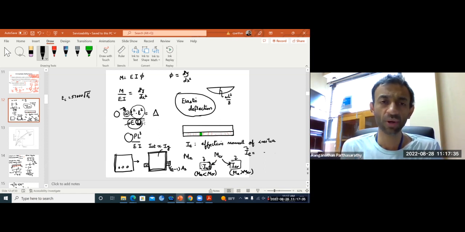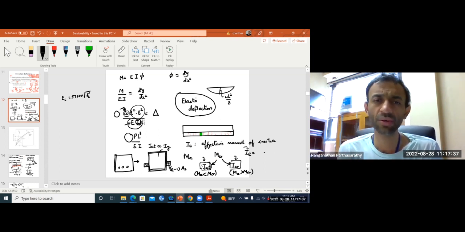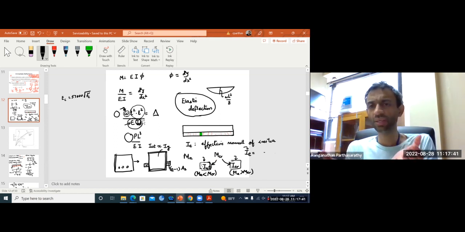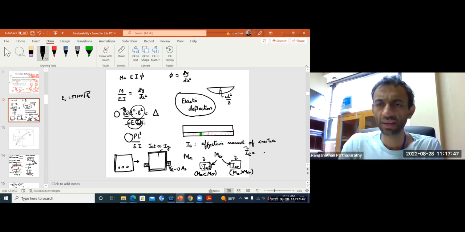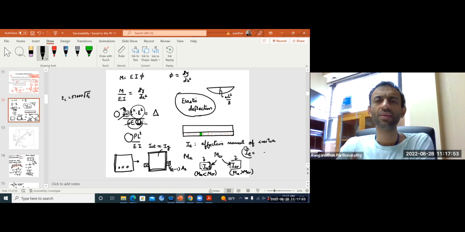So what is changing is your load and moment of inertia, because depending on your load, your beams will crack more or crack less. Remember, I effective depends on how much it has cracked. So I is changing and load is changing. So we have to track both of these to understand the deflection.